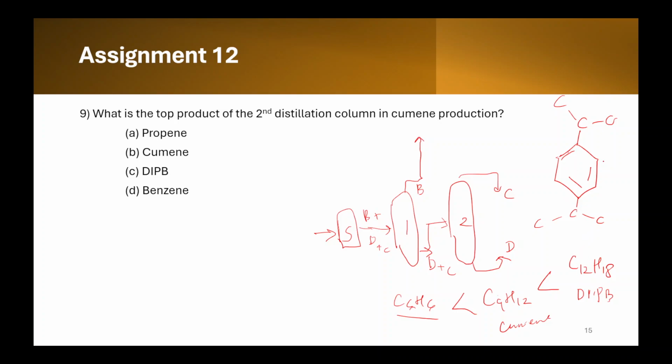And then H, 4H from here. And then H3, H, H3, H3, H, and H3. So 7 and again 7. So 14H. So it will be, yeah, C12H18. Yeah, correct.